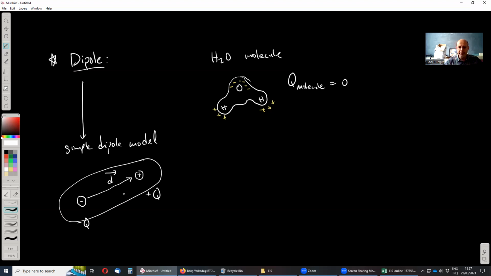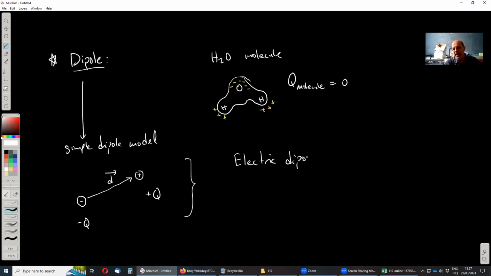The charges are separated, but the relative distance between them is fixed. So it can rotate, but that distance is not going to change in magnitude. Okay. So this is the simple model. By using this simple model, we have a quantity called the electric dipole moment.